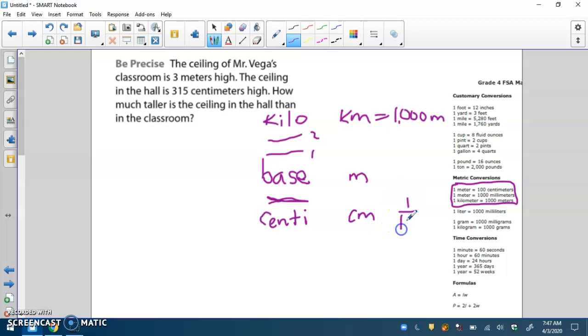So this is equal to 1/100th of a meter. There are 100 centimeters in a meter. If you take out a meter stick and you show a meter stick, there's going to be 100 of those centimeters in that meter. And then even smaller than a centimeter is a millimeter.